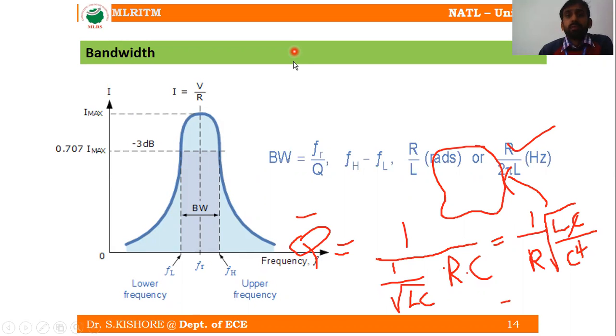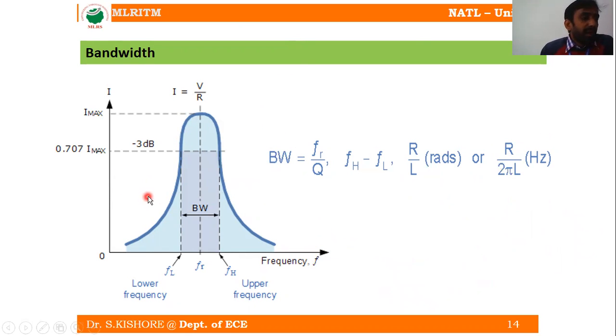The bandwidth is nothing but the limits between the lower and upper cutoff frequencies, or the lower and upper threshold frequencies. That is your bandwidth.